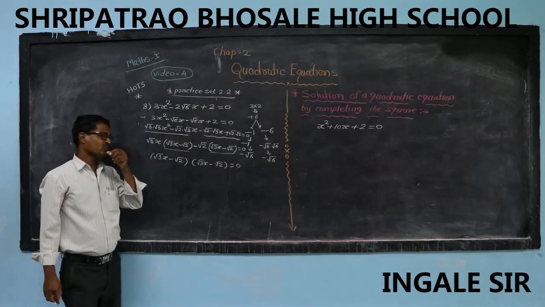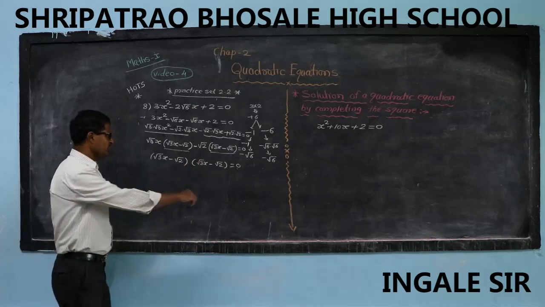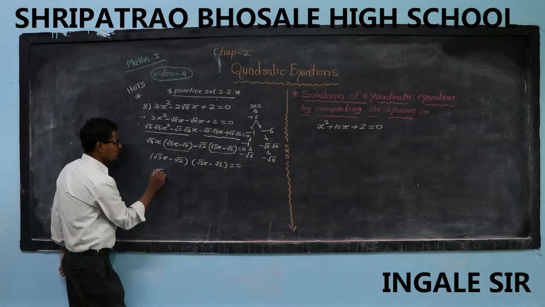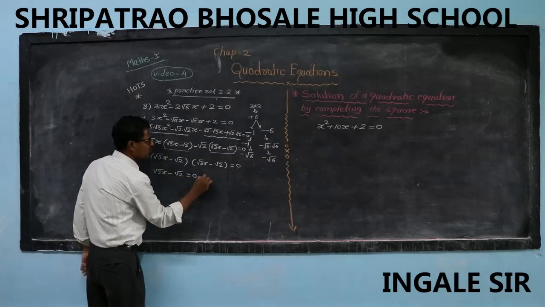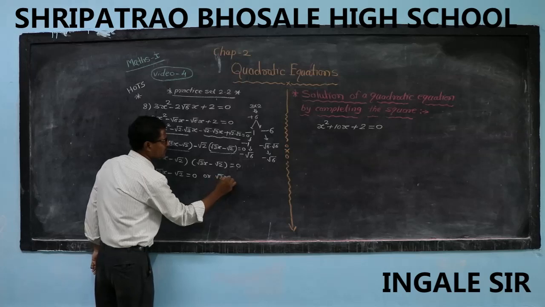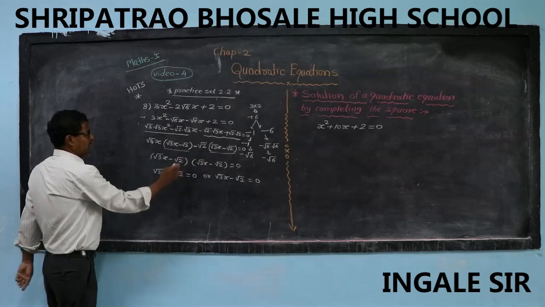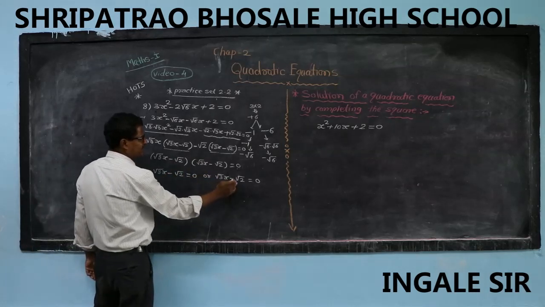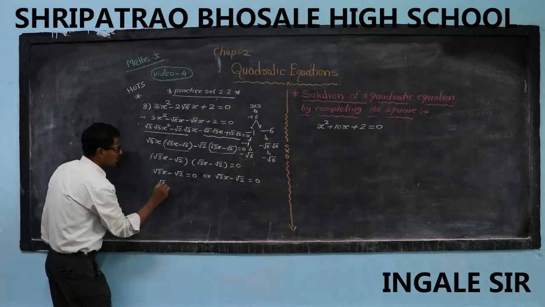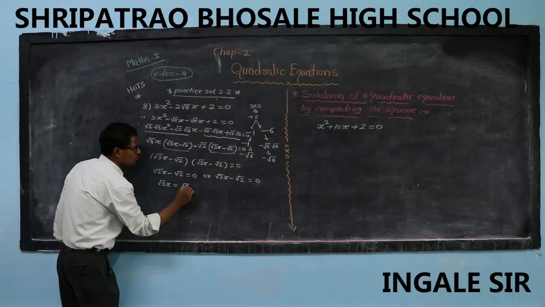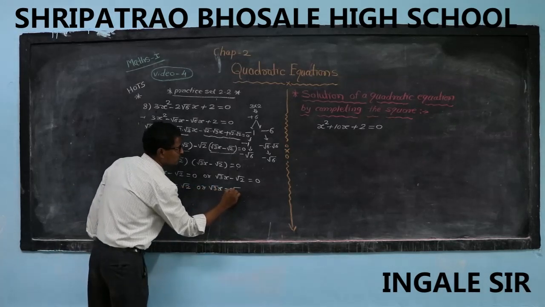If the product of two numbers is 0, then at least one of them is 0. Using this property, we can write root 3 x minus root 2 is equal to 0, or root 3 x minus root 2 is equal to 0. Taking minus root 2 to the right hand side, root 3 x is equal to root 2, or root 3 x is equal to root 2.